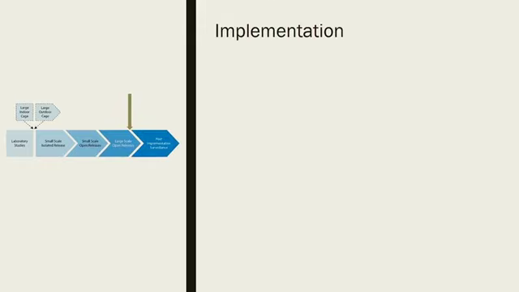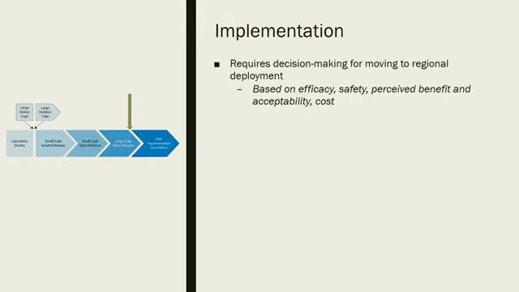Then we go to implementation, and this requires decision-making to go from regional deployment to regional deployment. A very important aspect of these releases is regional conversations, avoiding surprises, because it's a wider issue here.